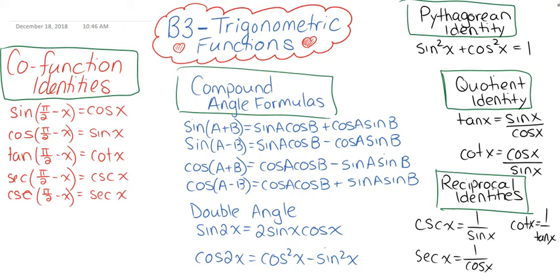they say that the sine of pi over 2 minus x is equal to cos of x. So just to give you an idea of what that means, let's say x is pi over 2. You can just sub any value in for x.